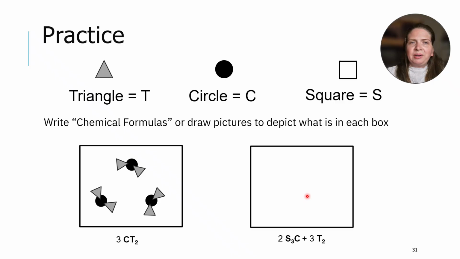For the second box, we need to draw particles that match the description 2SC3 plus 3T2. This means we need to draw 2 molecules, each containing 1 circle and 3 squares, along with 3 molecules that each contain 2 triangles.